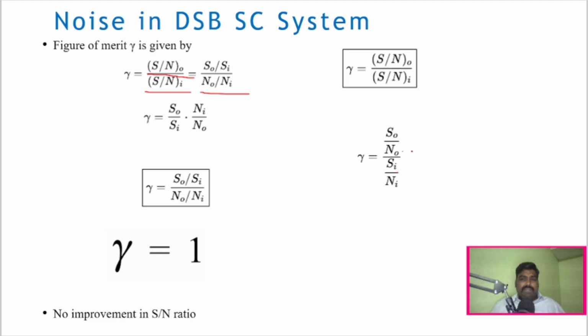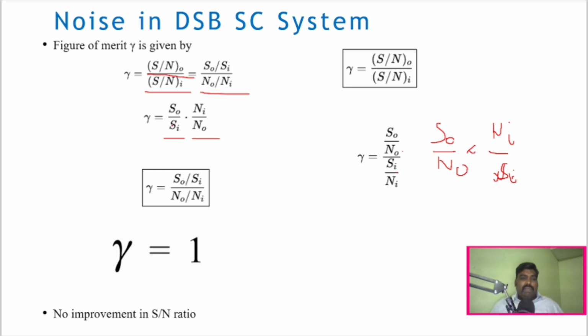If you reshuffle this, I can write it in this way: Si divided by S naught, Ni divided by N naught.